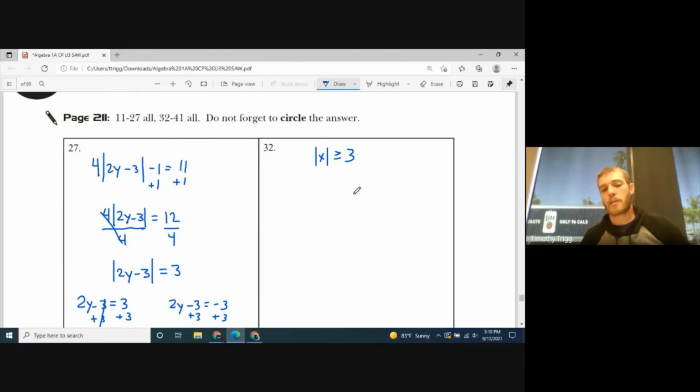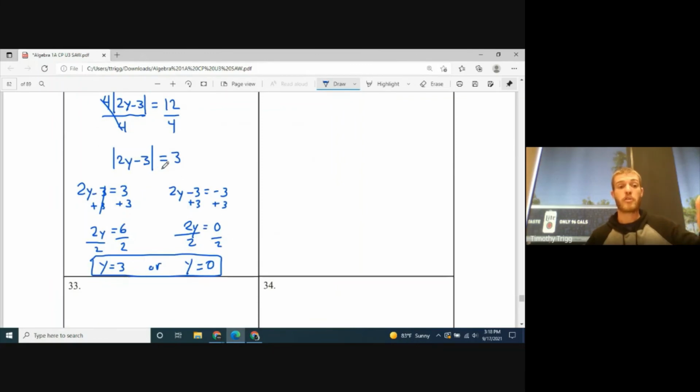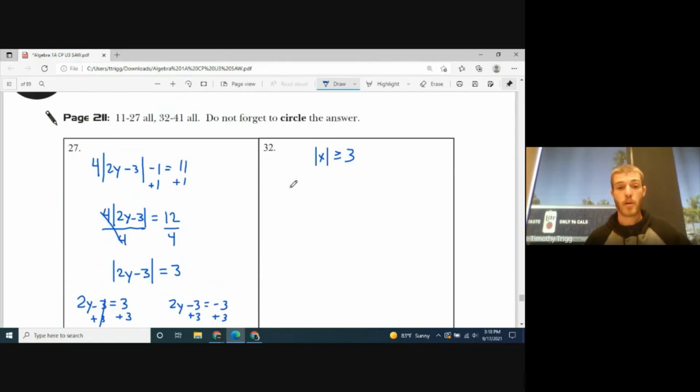So how do we set up to try to solve and graph? We want to graph this type of inequality too. So just like before, when we did the equalities, we would split it into a positive and negative version. So we want to split it into a positive version. X is greater than or equal to 3, and then also a negative version.